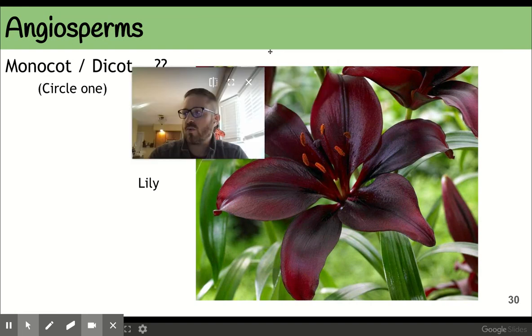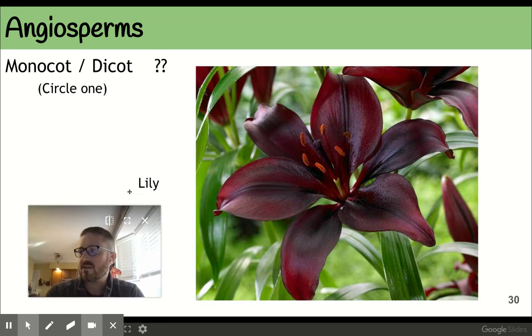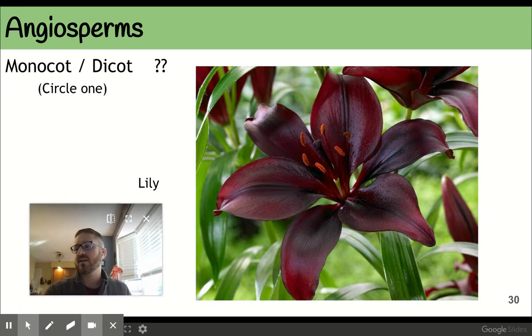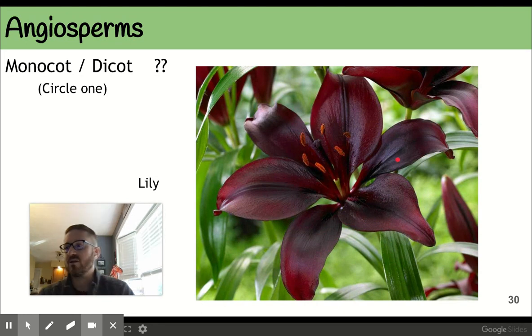So when we look at this flower over here, it's a lily. Is it a monocot or dicot? So think about it. Monocot or dicot? If we base that off of what the leaves look like and the number of flower parts, it looks like there's 1, 2, 3, 4, 5, 6 petals.